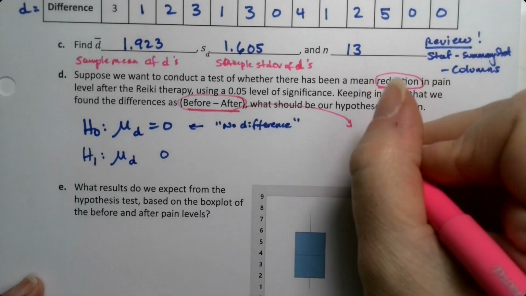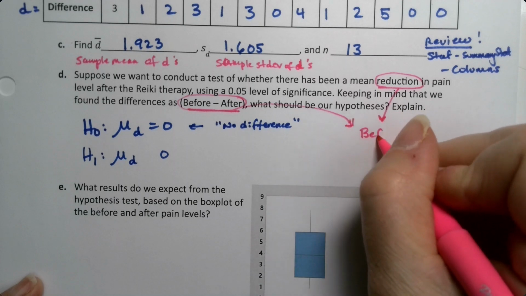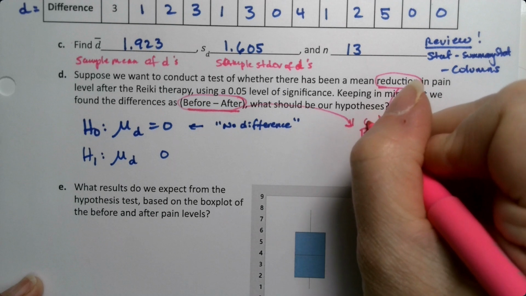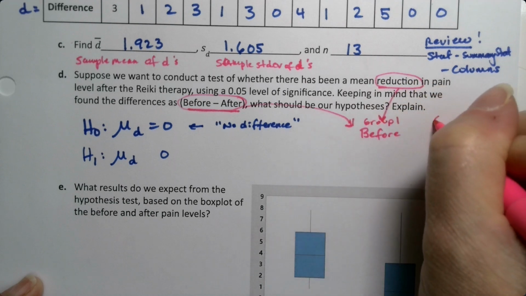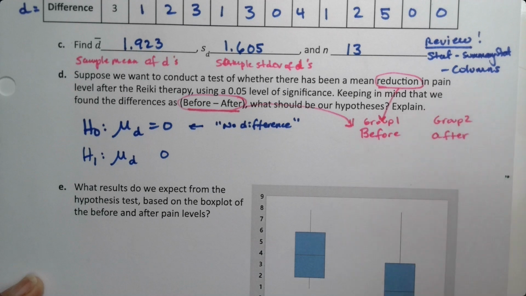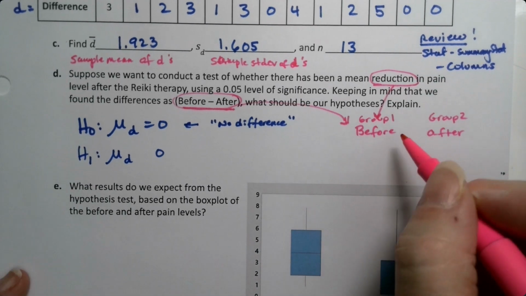Because if we think there's a reduction in pain, we think the before group, which is in front because it's group 1, right? So this is group 1 over here. This is group 2 over here. This will be after. Technically it's the same group, but anyway, you get what I mean.